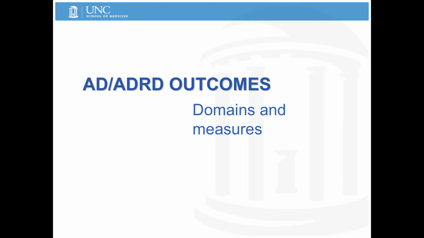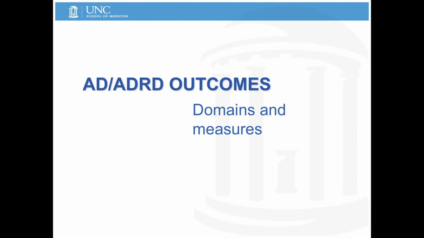But I always encourage, both in my own research work and when I'm working with other investigators, starting with outcomes. Until you know what you are hoping to change, and by definition, that's the outcome measure, it's hard to know how the intervention should be designed.